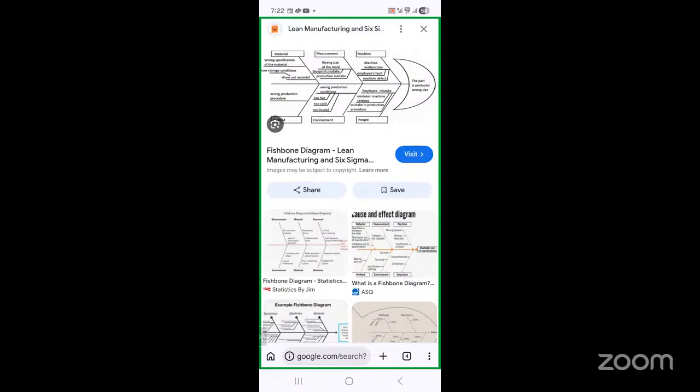Now, there is one formula: y equal to a plus bx1 plus bx2 plus bx3, like that, whatever the factors are there. And this b indicates the beta coefficient, and x is your cause.